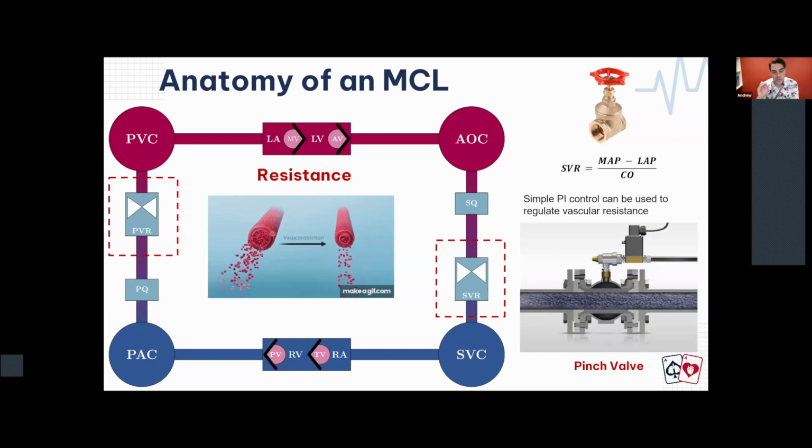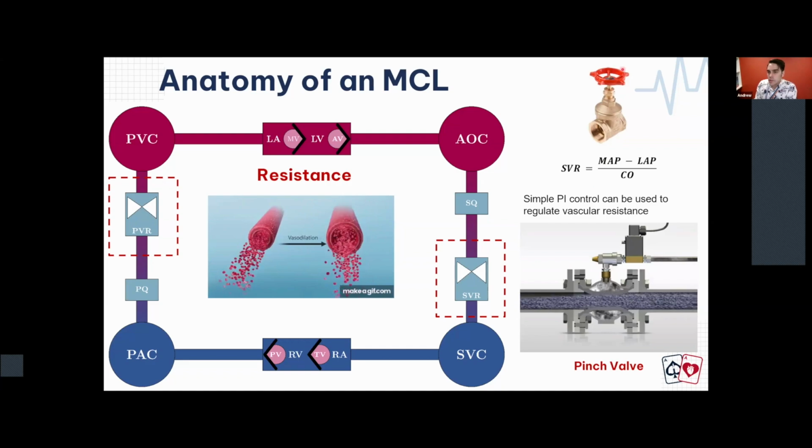And when the vessel's contracted, blood flows less easily and there's more resistance. Mathematically, we define resistance as the difference in pressure between 2 points, always between 2 points, over the flow. Resistance is measured in either Wood units or dynes per second. And for those of you who are paying attention, this is just Ohm's law. V equals P on Q.